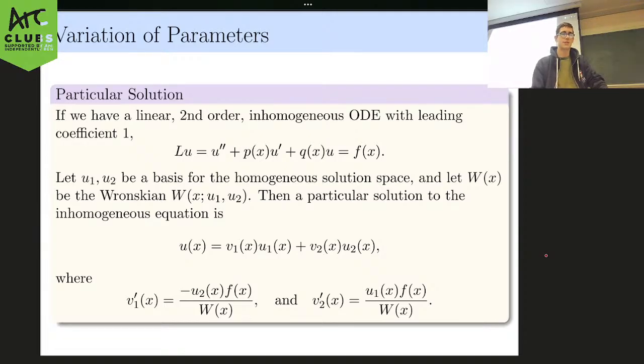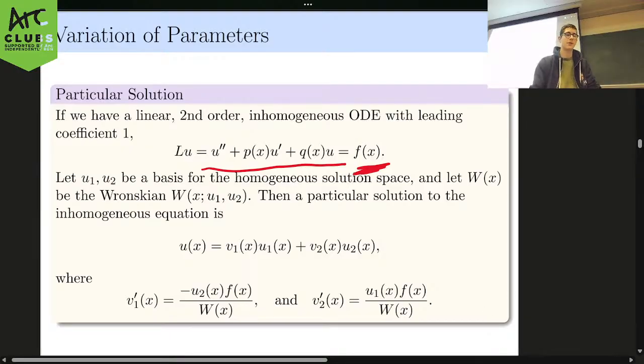So don't really worry too much about memorizing this one, but what we're saying here is that if we're lucky enough to be given the solutions to this linear differential equation of second order, the homogeneous equation specifically, and then we want to solve the inhomogeneous one when we have an f on the right hand side, what we do is take almost a linear combination of those two solutions, u1 and u2, but instead of constant coefficients, we multiply them by functions, and it turns out we can quite nicely work out what these functions are through here.